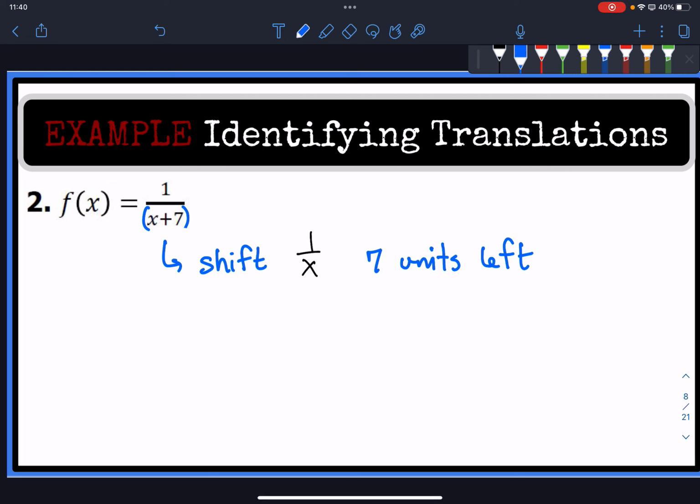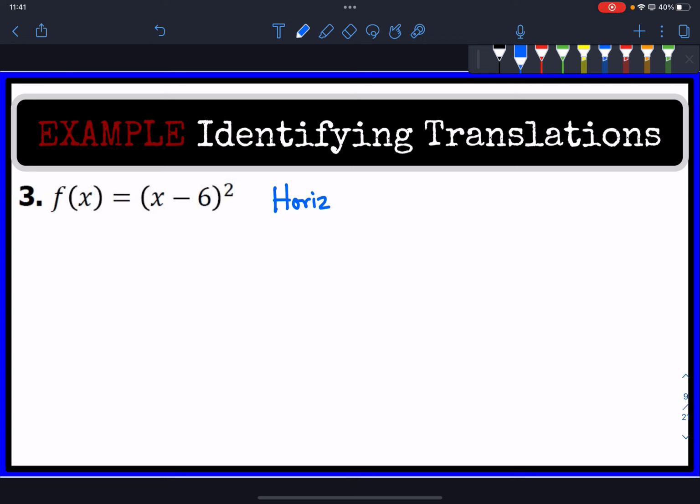This equation right here, because we're grouping the x minus 6 together, is going to be a horizontal shift, a horizontal translation. And since we're subtracting 6 with horizontal, it's the opposite. It moves in the opposite direction. So the notation of -6 doesn't shift it to the left, but shifts it to the right.